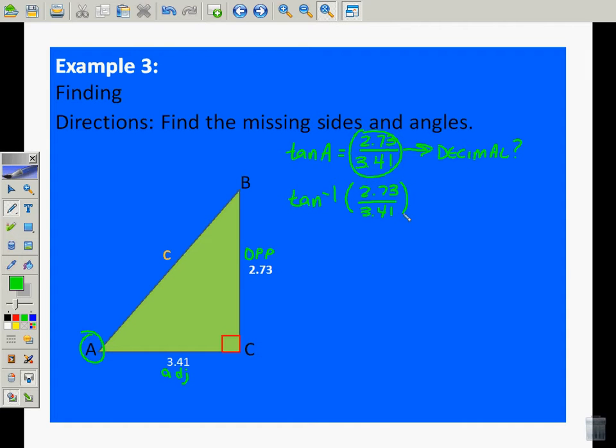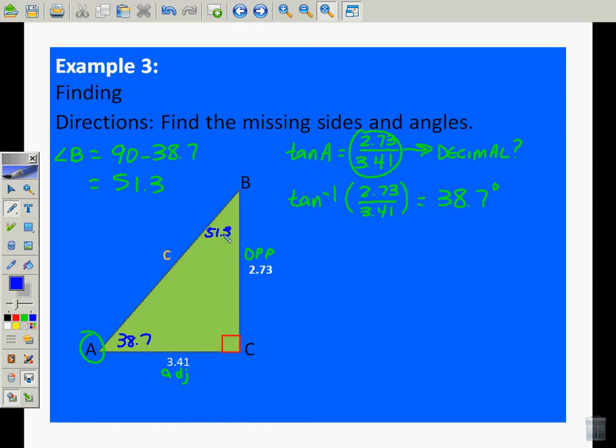Okay, so when I do tangent -1, or inverse tangent, as we would call it, I'm going to get that A is equal to 38.7 degrees. So let's fill that information in here. And in order to find B, I'm going to say angle B is 90 minus 38.7, which is equal to 51.3 degrees. So that's 51.3 degrees.